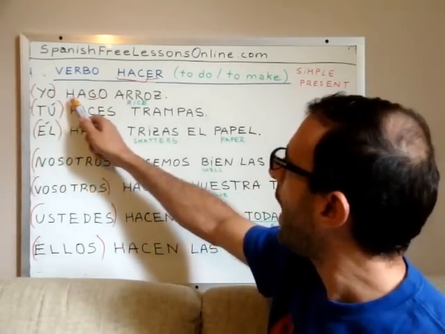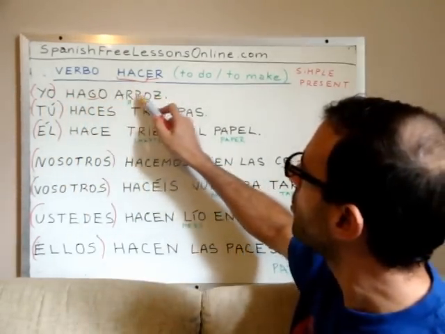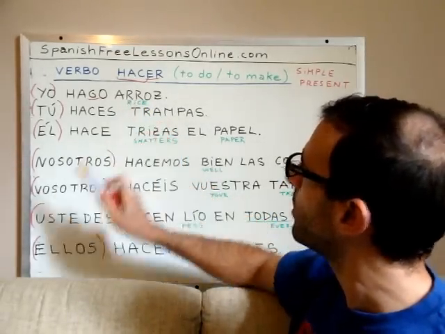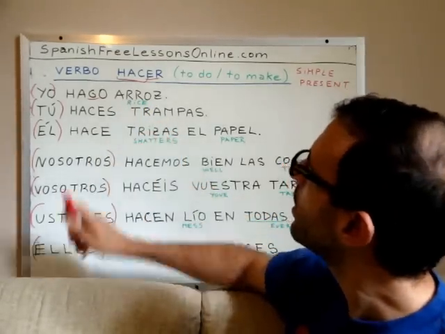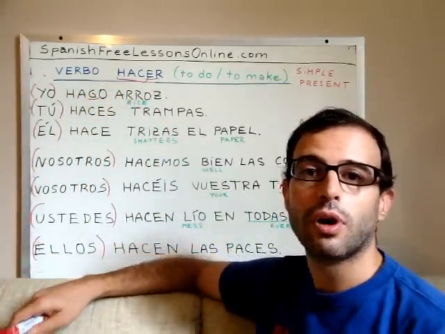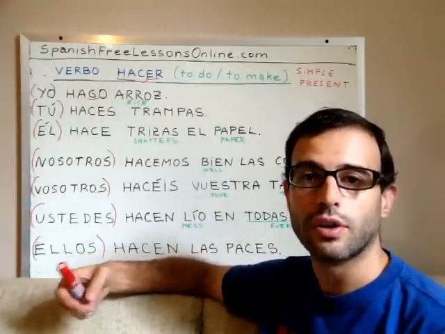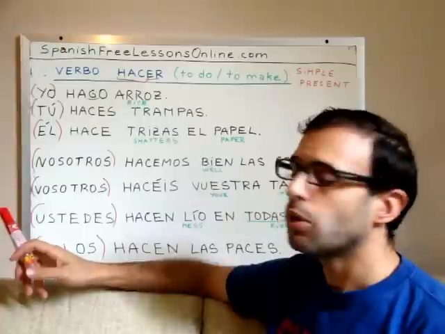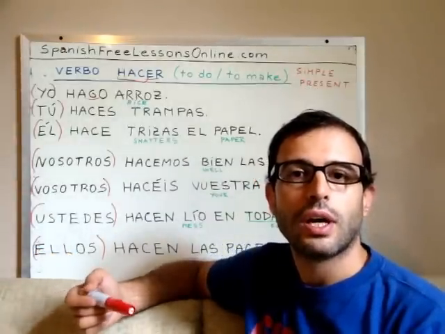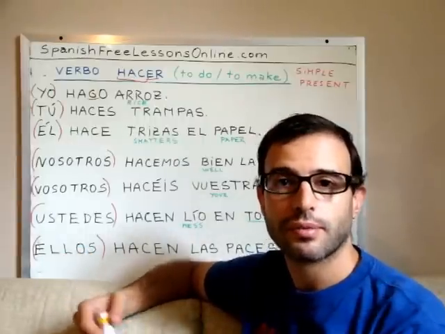Yo hago arroz. Arroz means rice, as I've written here in green, rice. Yo hago arroz. Remember, the double R means you pronounce it R, the hard R. When we say yo hago arroz, we mean I am making rice, or I make rice.